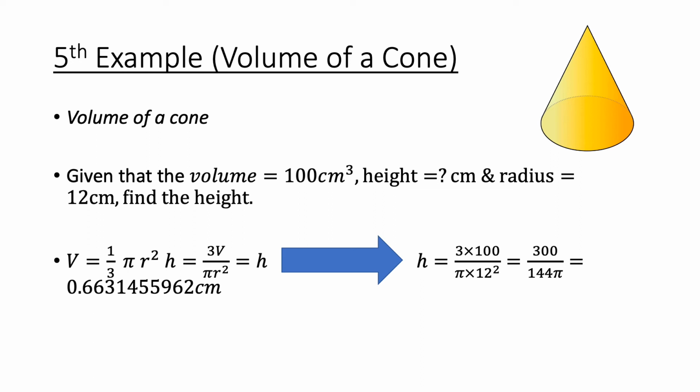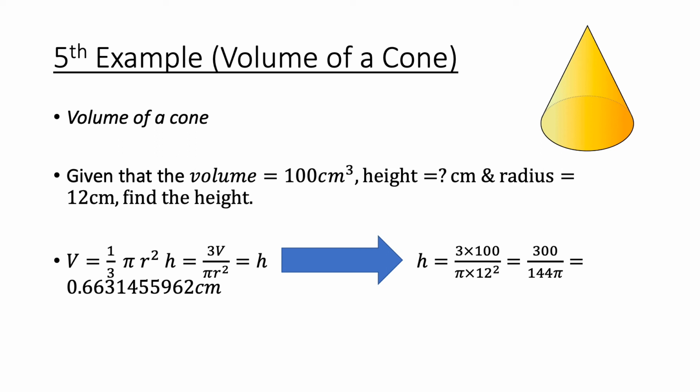If you wanted to work out the radius, you'd rearrange to make r the subject. So you'd have 3v divided by pi h, square rooted, which would give you r.